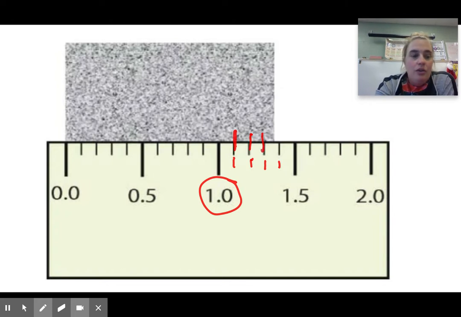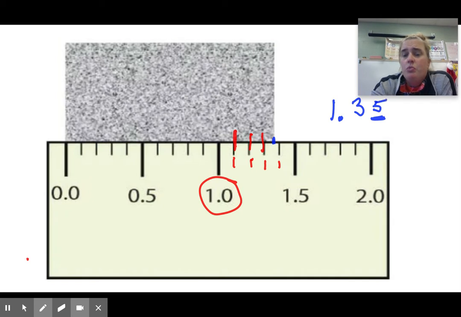But notice how, if I go right here at the edge of mine, it's not quite 1.4. So I am certain that this is at least 1.3, but it's a little bit more than 1.3. That last number that we put is always an estimate.